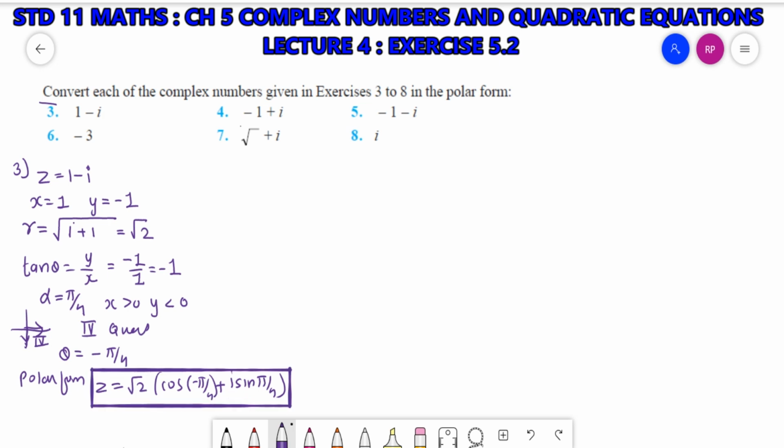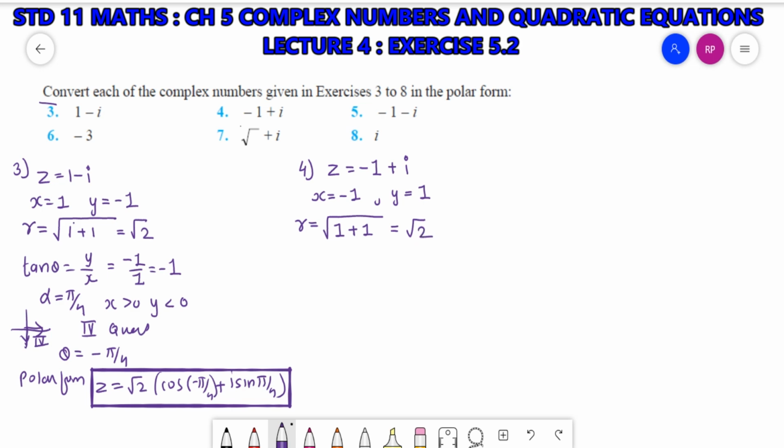the third one. Clear? Clear. Now let's see the fourth one. z equal to minus 1 plus i. Here x is equal to minus 1, y is equal to plus 1. So r, that is the modulus, is under root of x square, that is minus 1 square, plus 1 square, that is equal to root 2.